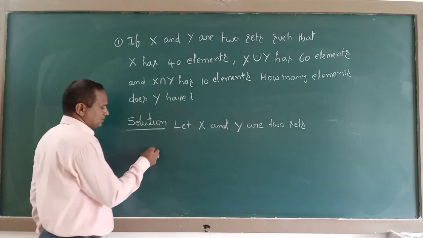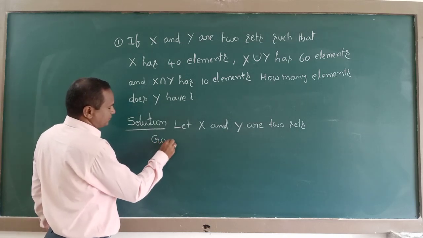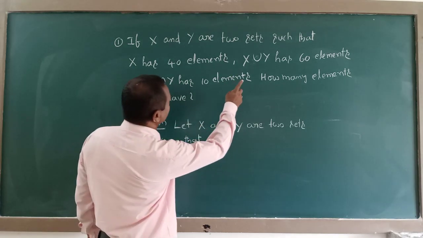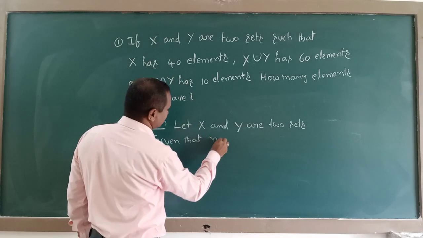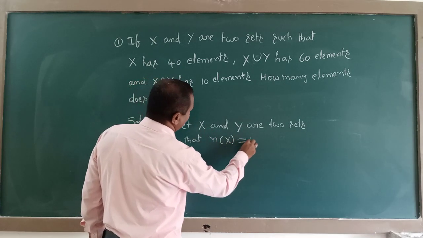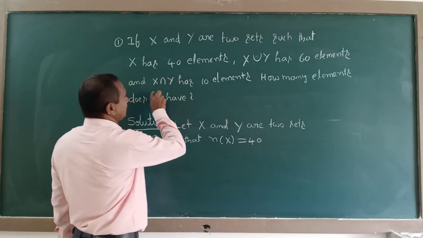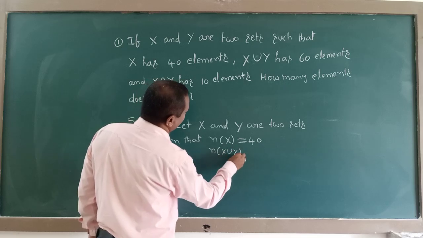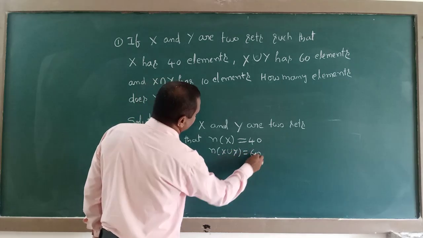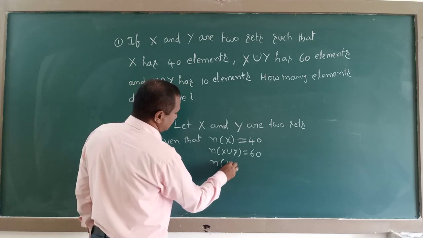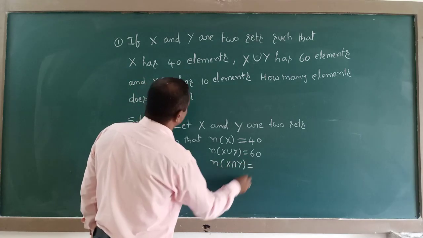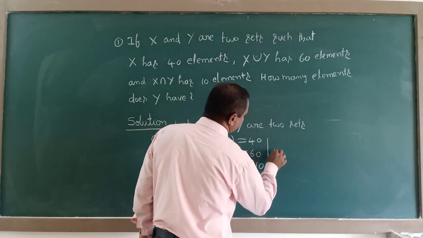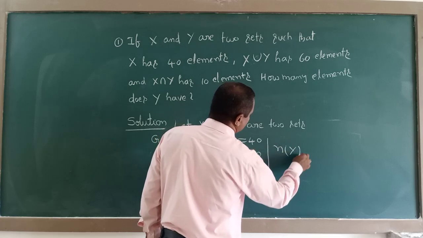Given that, what they are giving first we should write. n of x is equal to 40, and n of x union y is equal to 60, and n of x intersection y is equal to 10. But they are asking here, n of y is how much?